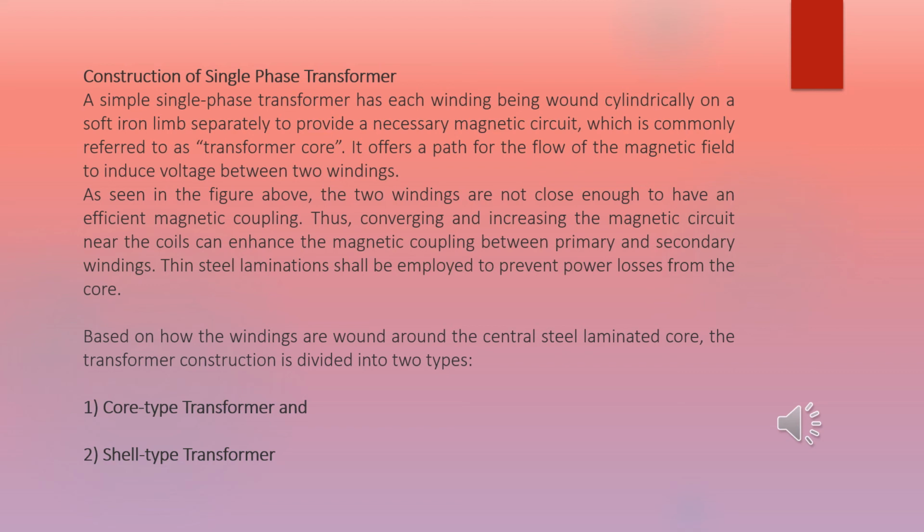Based on how the windings are wound around the central core, the transformer construction can be divided into two parts, or you can have two types of transformers. First one is a core type transformer and the second one is the shell type transformer.